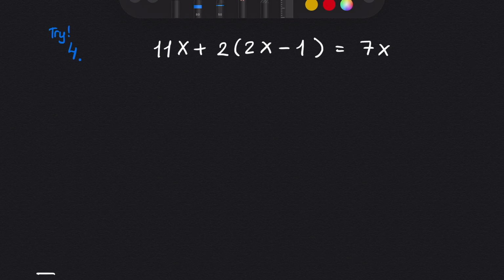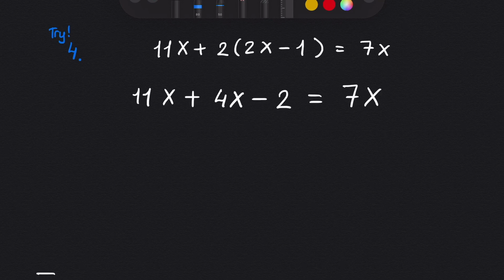Okay. So we have 11x, and we're going to distribute to what's inside the parentheses, and we're going to end up with 4x minus 2. And it's going to equal 7x. Now, let's move all the x's to one side and all the numbers to the other side, so we can combine the like terms.